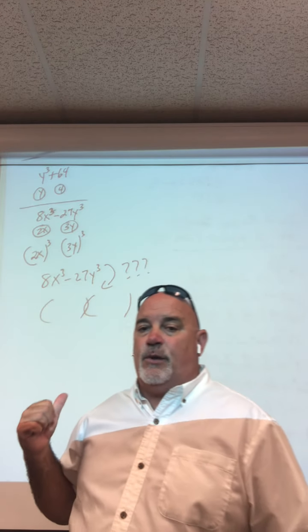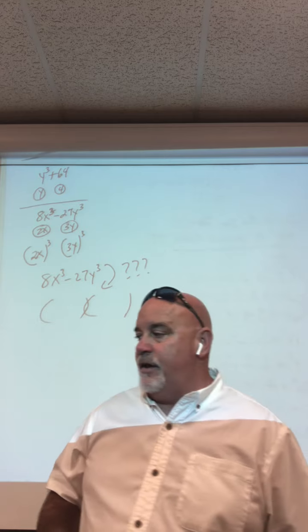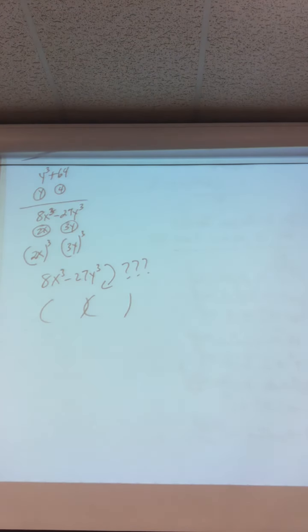To work the cubes problems, you must use one of these two formulas. I know these are not going to make sense, but just write these two formulas down, and then I will explain them. So these are the cubes formulas.